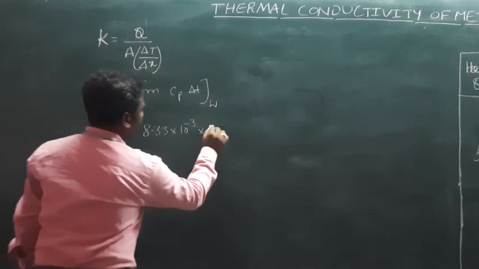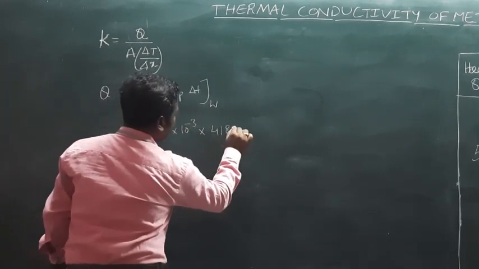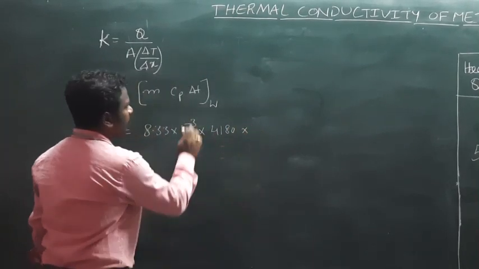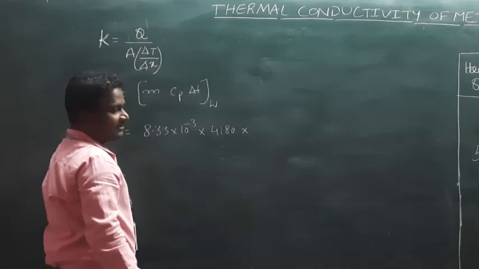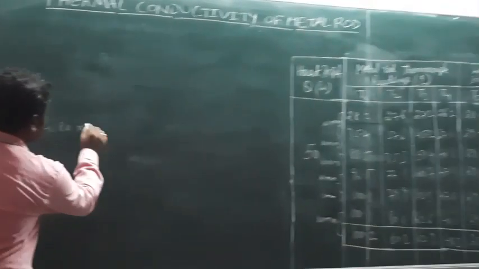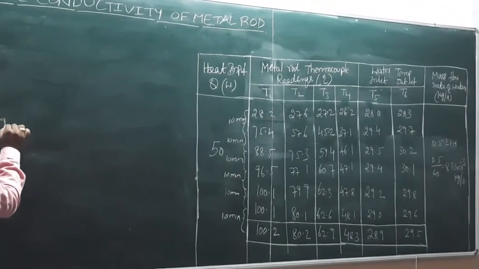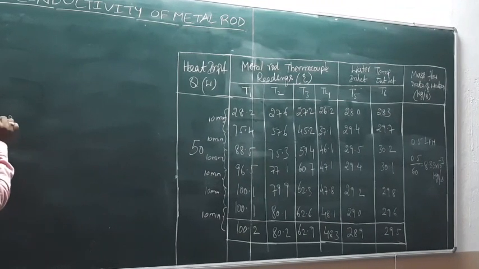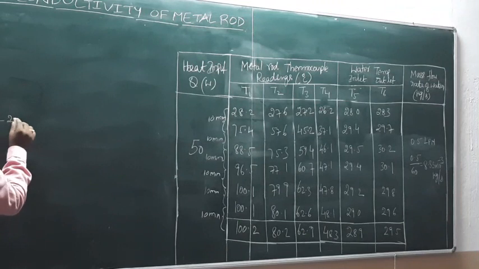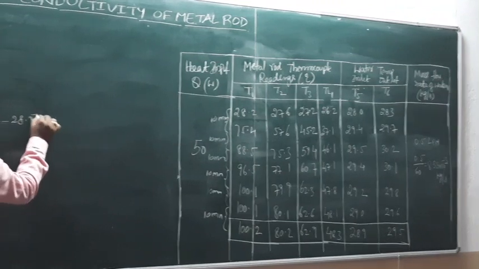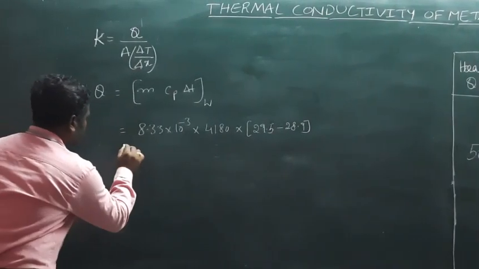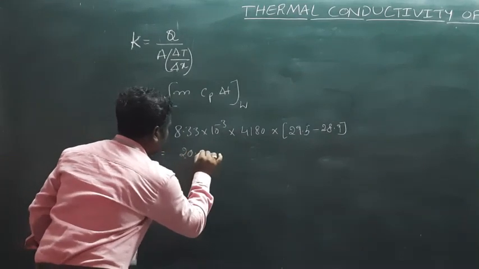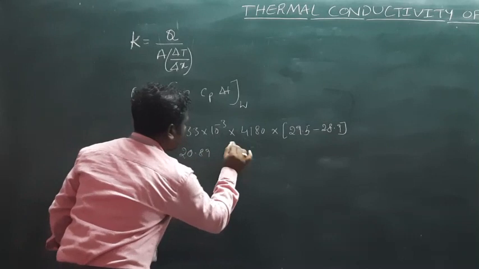The specific heat of water is 4180 joule per kg degree centigrade, and delta T means the water outlet and inlet temperatures, 29.6 minus 29.5 minus 28.9, giving 20.89 watts.